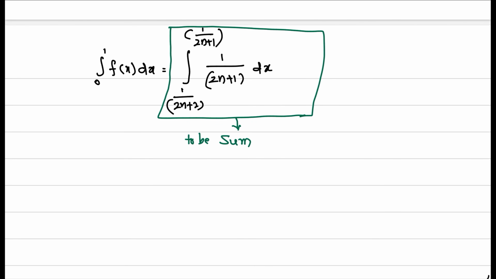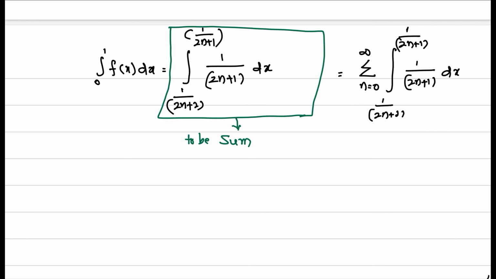Then it is to be written, because in terms of n we have written, sigma, the symbol for sum, n equal to 0 to n equal to infinity. Because we are taking it in terms of n. Then this is the integral from 1 by 2n plus 2 to 1 by 2n plus 1 of 1 by 2n plus 1 dx.